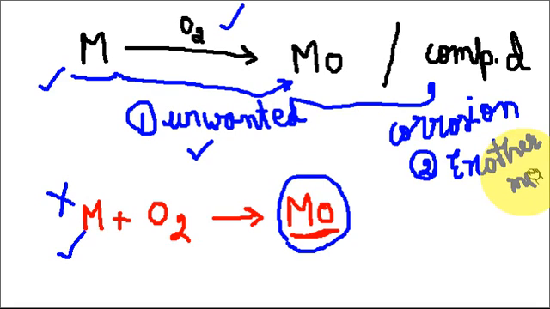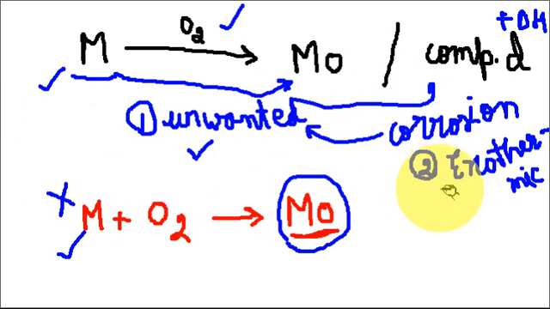Exothermic reaction means heat energy is evolved in this reaction. So you must remember that corrosion is always an unwanted chemical attack. Secondly, it is always an exothermic reaction.